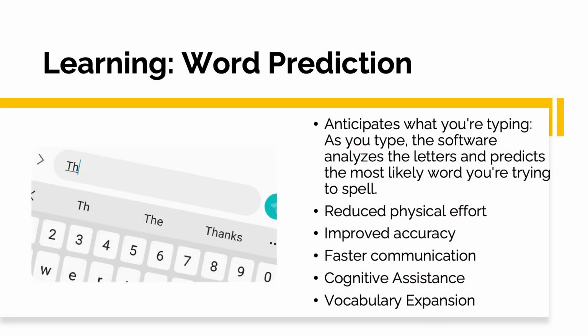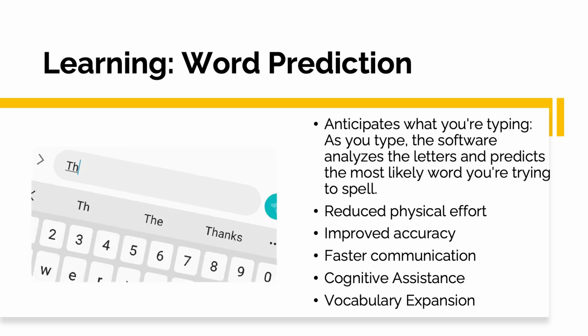Text prediction, also known as word prediction, is another feature that can aid individuals with learning disabilities and mobility impairments. Text prediction is a tool for writing that suggests words based on the letters you've typed. If you've sent a text message with a smartphone, you've probably used it already. As you type, the software analyzes the letters and predicts the most likely words you are trying to spell.